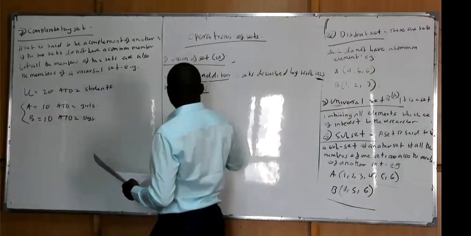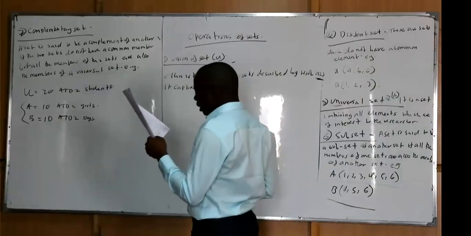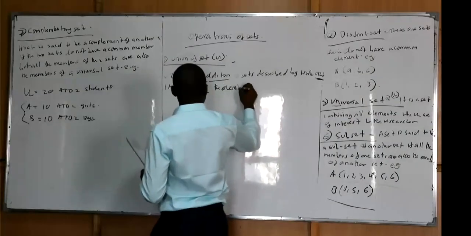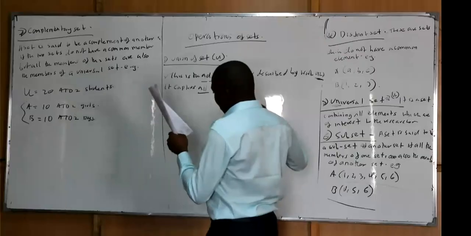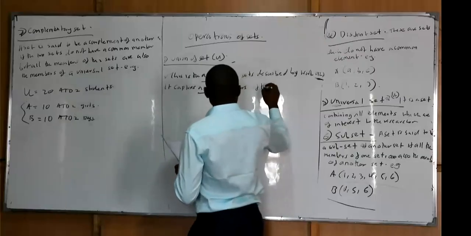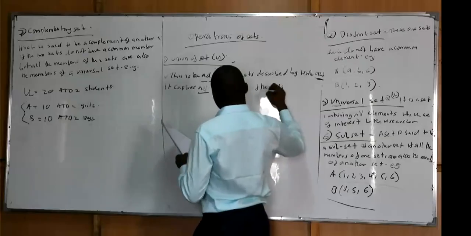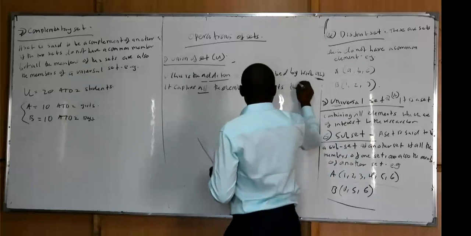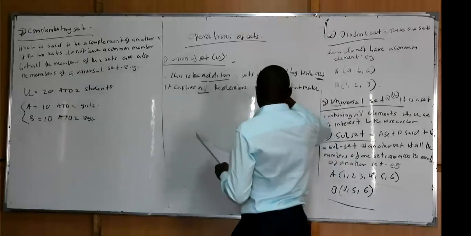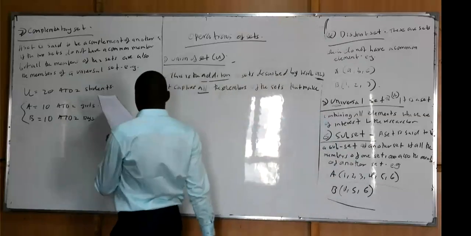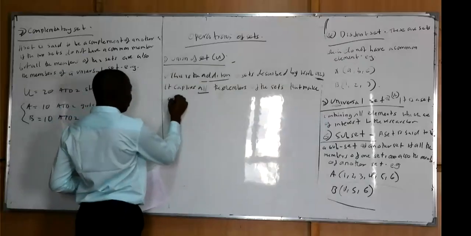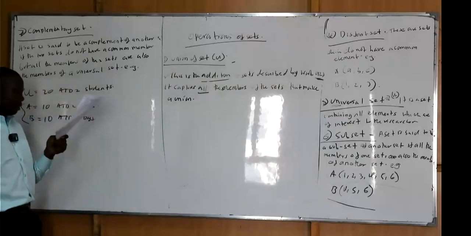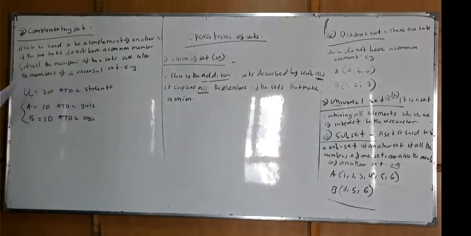It captures all the members of the sets that make a union.